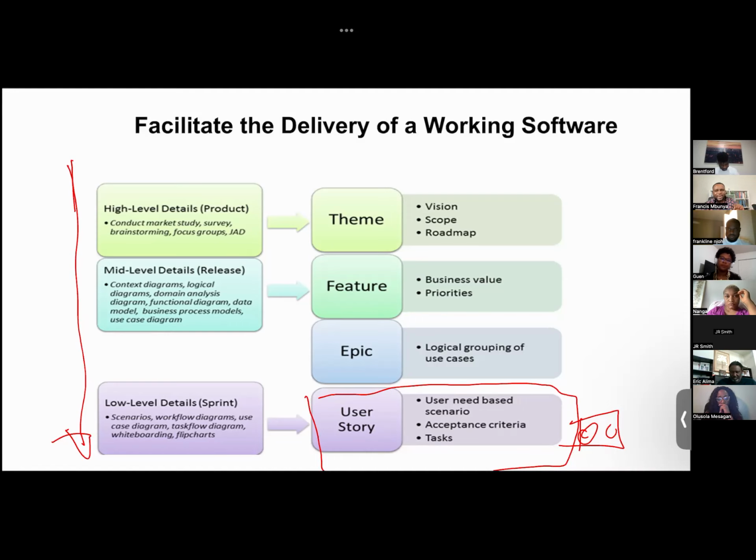We go, oh, they're not writing user stories well. Oh, the backlog is a mess. Oh, they're missing epics and all of that. So it's a mess. I don't even know where to start. And because of that, we're kind of in a panic because we don't know where to start.